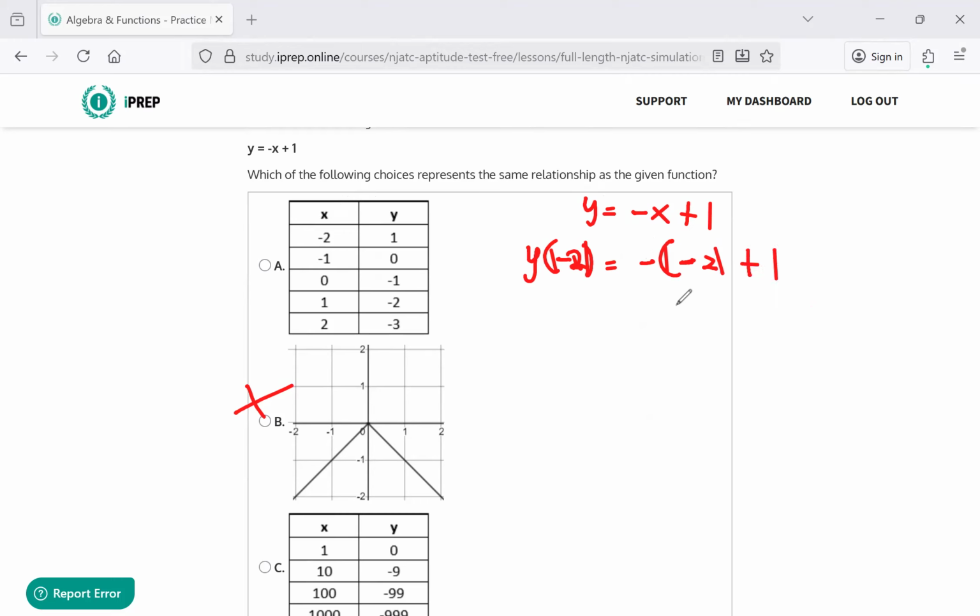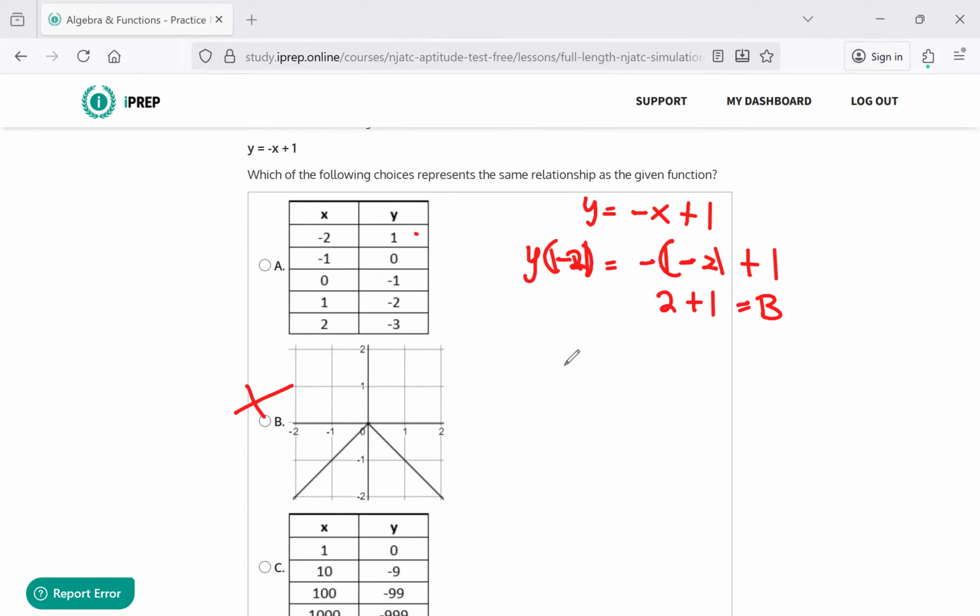So what's that going to be? That is going to be positive 2 plus 1, which is 3. It's supposed to spit out 1, so that's false, right? So we said B is not true because it's an absolute value.